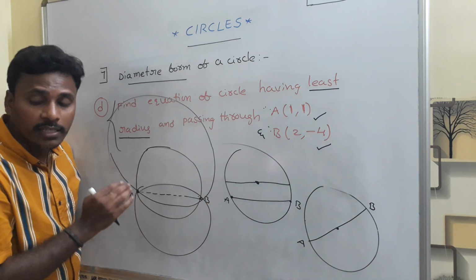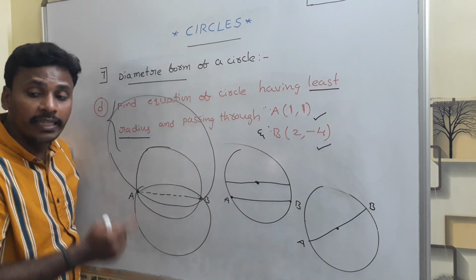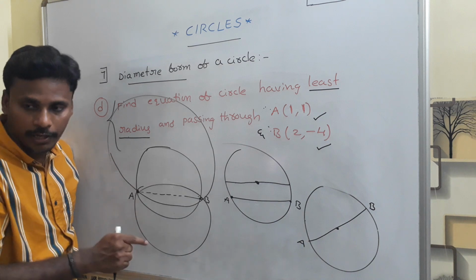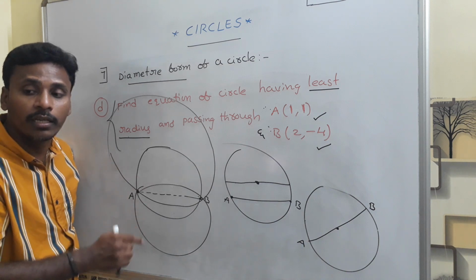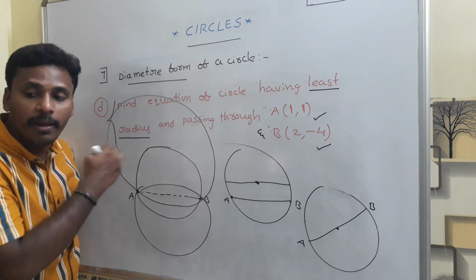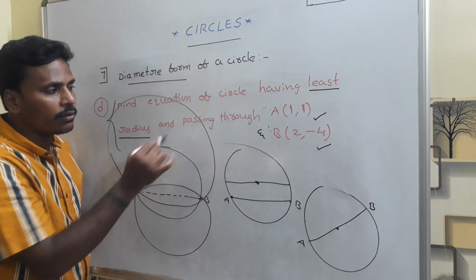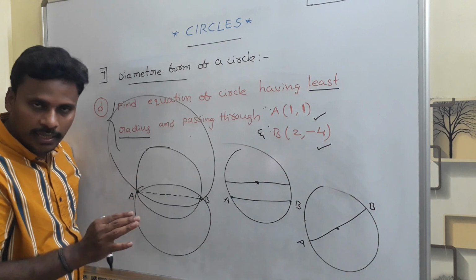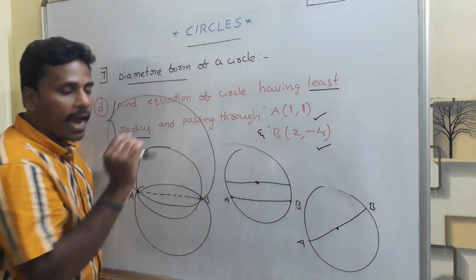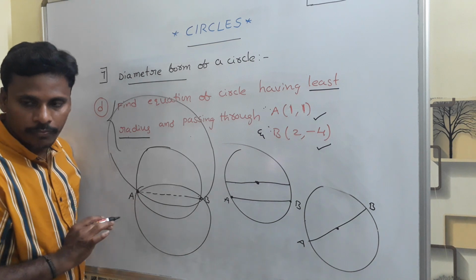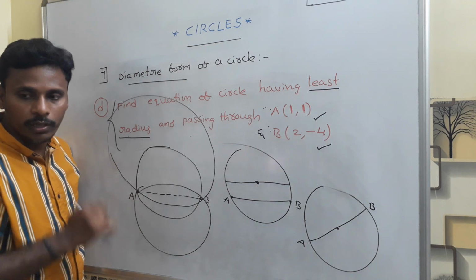There are infinite circles passing through AB, and there is one circle passing through AB and having AB as diameter. For that one circle the radius is least, and for all the remaining the radius is more. So for this one, your answer is the circle having AB as endpoints of the diameter. You just find the equation using the diameter form. That's it. Have a look, and that's for today's class.